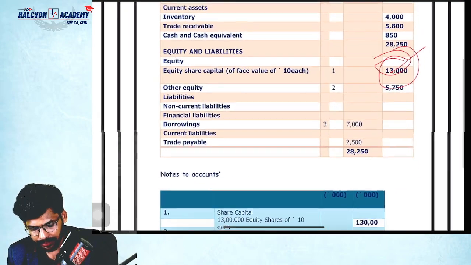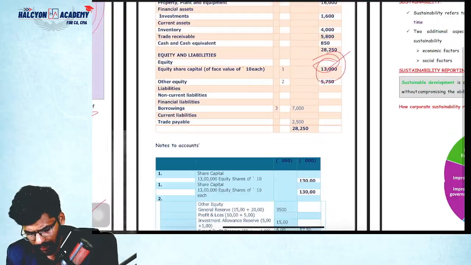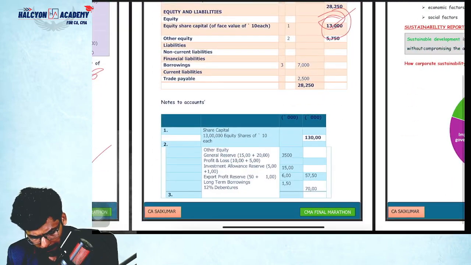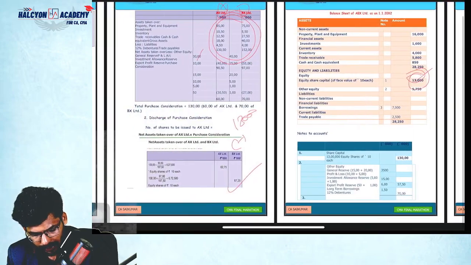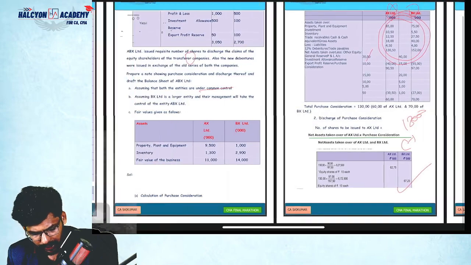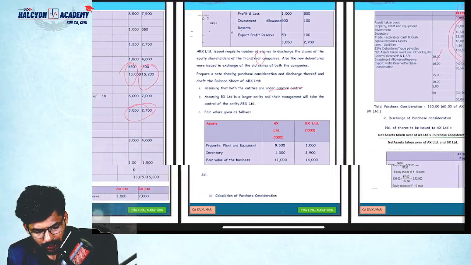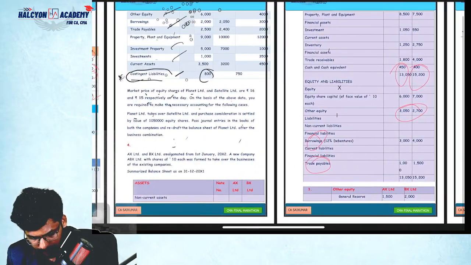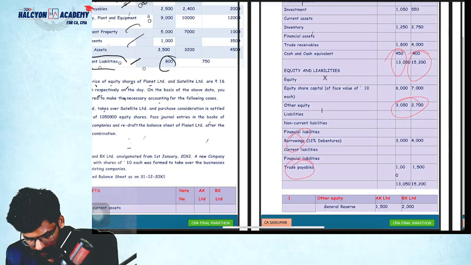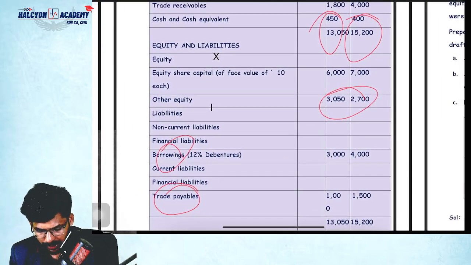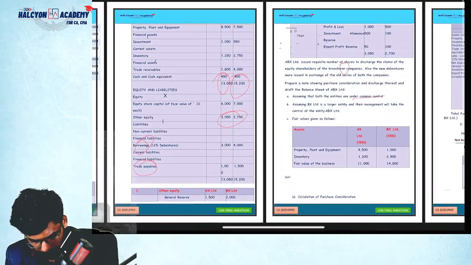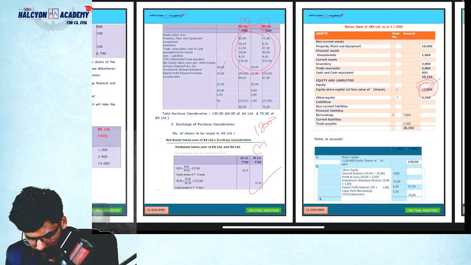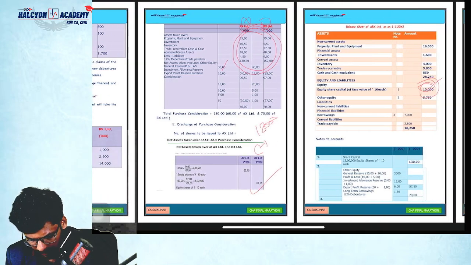See, guys, we have a working note also. What is the other equity in the given question? Any other reserves we have? There are no other reserves. Just total the reserves given in the question. So how much reserves do we have here? Total how much, guys? Please take the calculator. 3,050 here is given, plus 2,700. Correct?